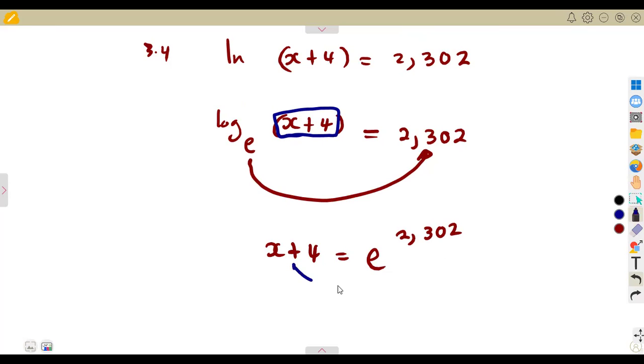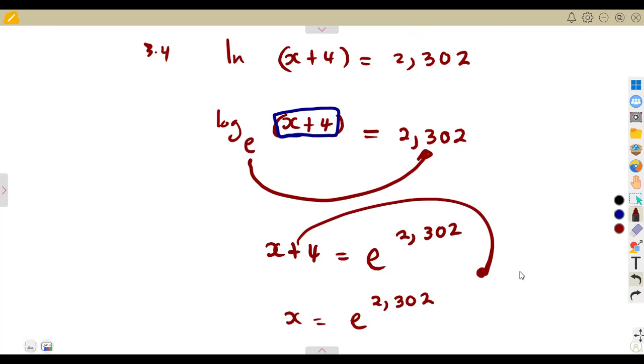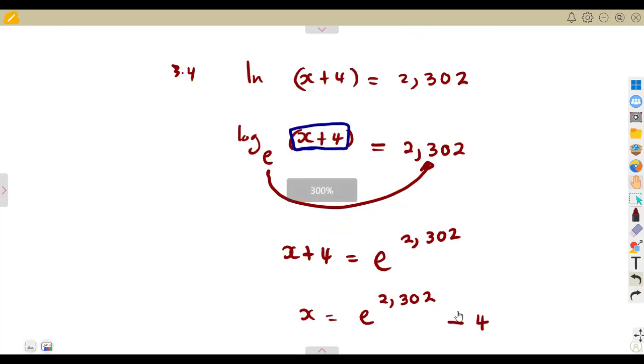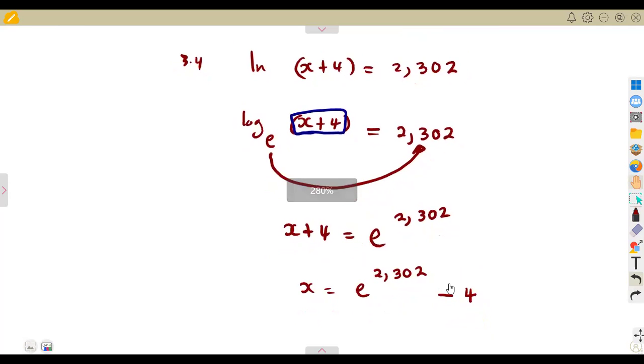If I transpose this positive 4 here, it is going to subtract on the other hand. So x is going to be e to the exponent of 2,302. The 4 taken to the other side of the equation is going to be a minus 4. It was adding. So on the other side, we are going to subtract. So it's just like you are transposing, but solving for x.